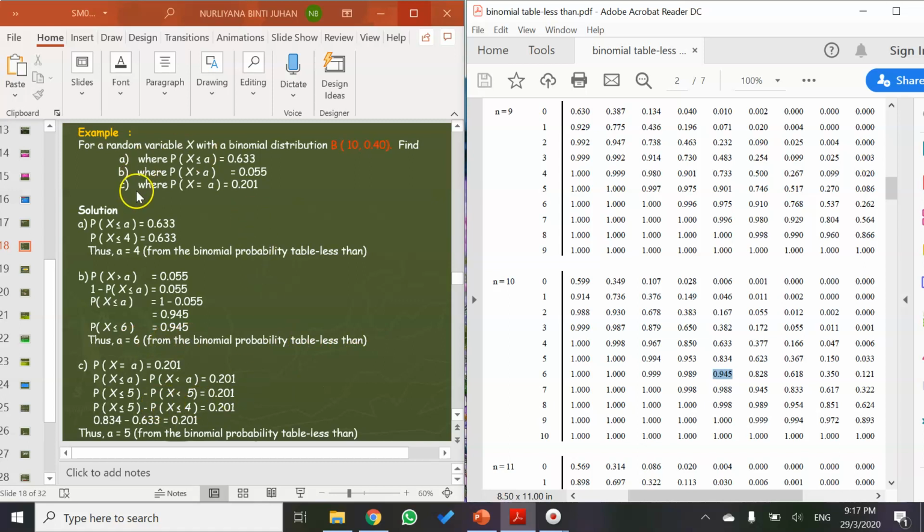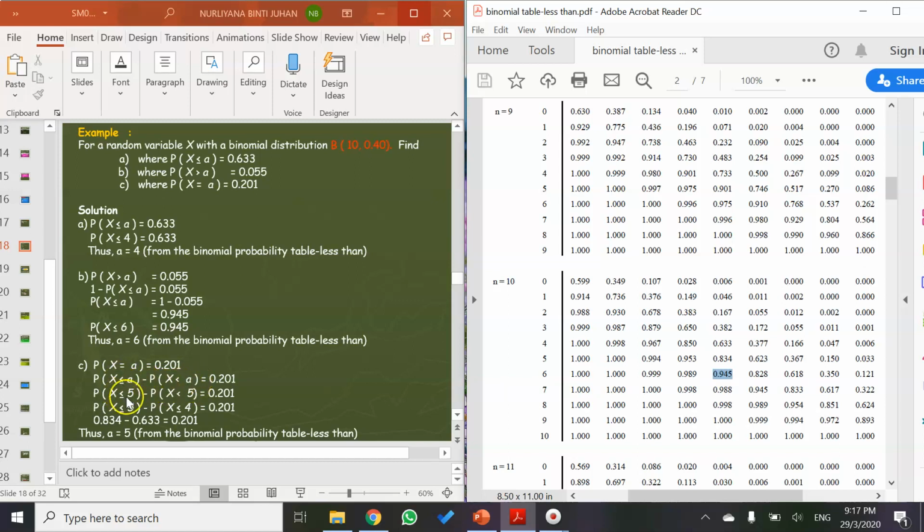Okay, the last question, where probability X equal to a, given this. So now X equal to a. So we have to rewrite this X equal to a. It's actually in this form: probability X less than or equal to a minus probability X less than a.